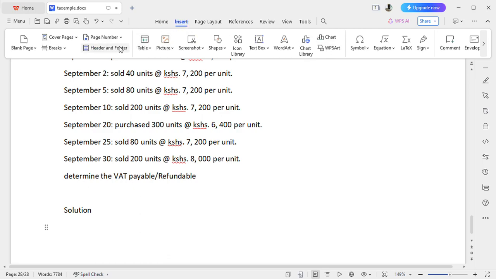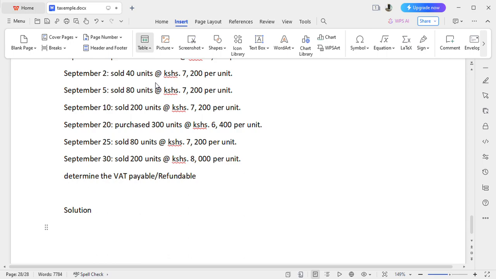So let me bring in the table. Remember there are dates, so we can either include or exclude the dates, the way we want it. I think it is better we bring in date, then we give the amount, and then we give the VAT in percentage, then the VAT amount.